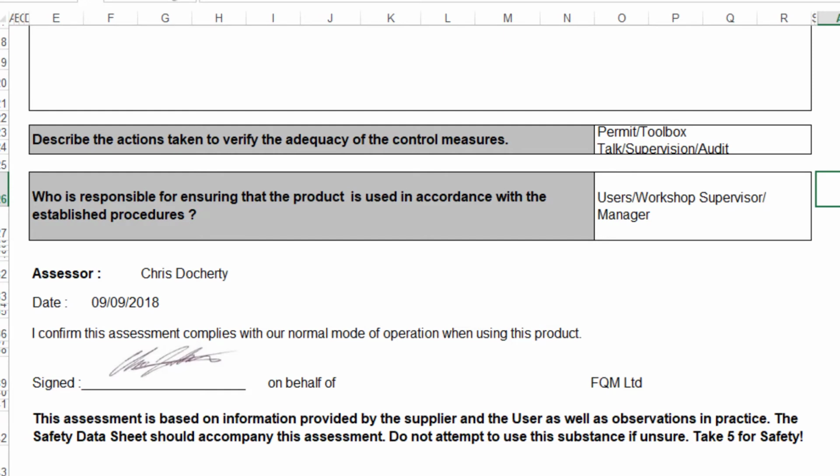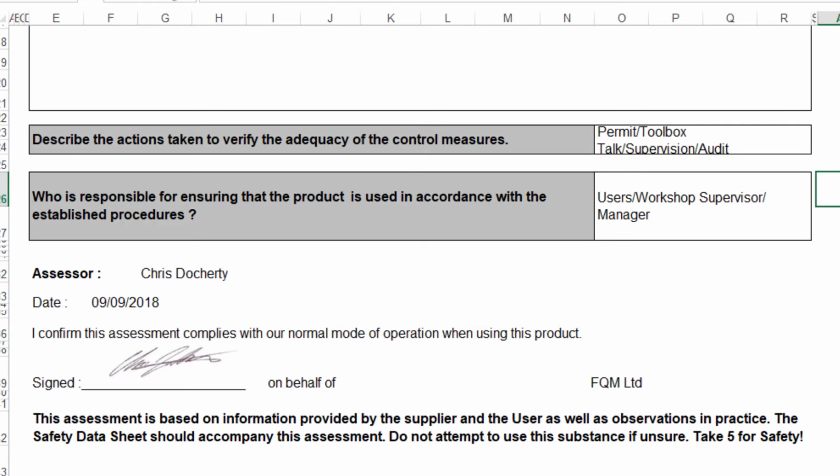We've identified who the assessor is, signed it off, and of course we've finished off by saying that it's based on the information provided by the supplier, the observations and the practices that we undertake. And we are saying that the safety data sheet should accompany this assessment because this assessment has to be available to the operatives that are undertaking this work.